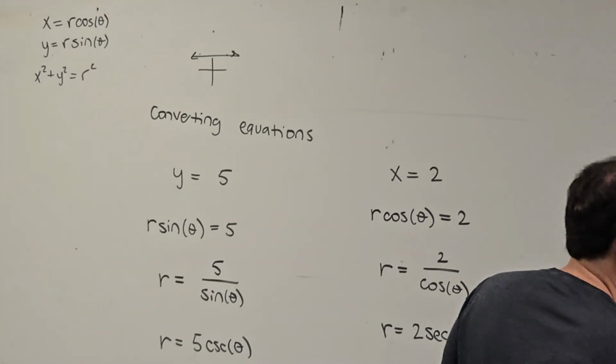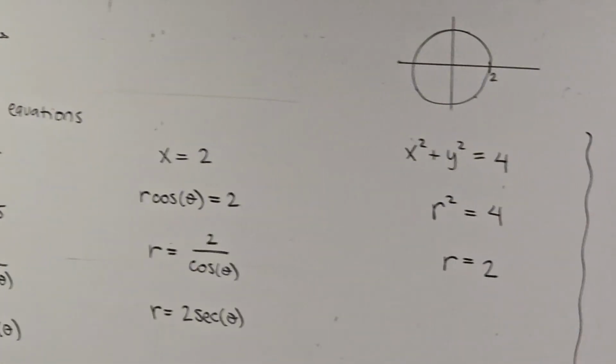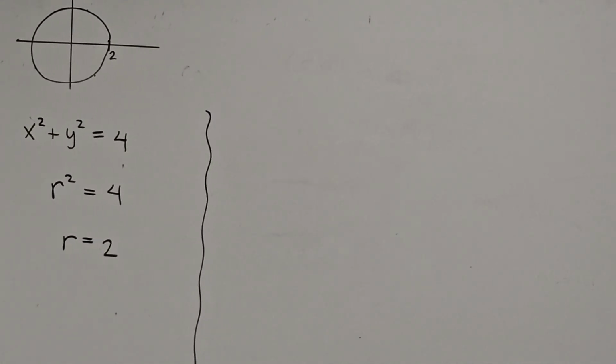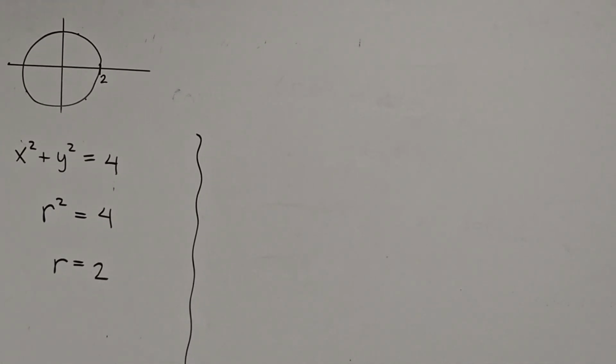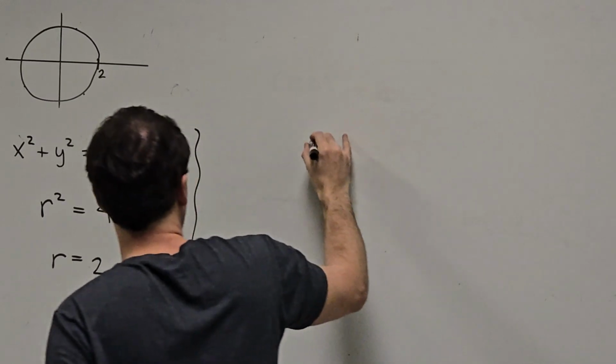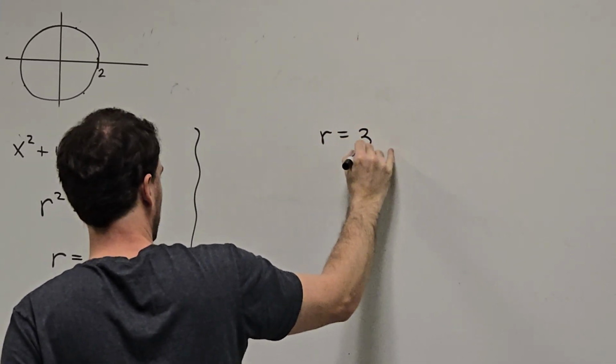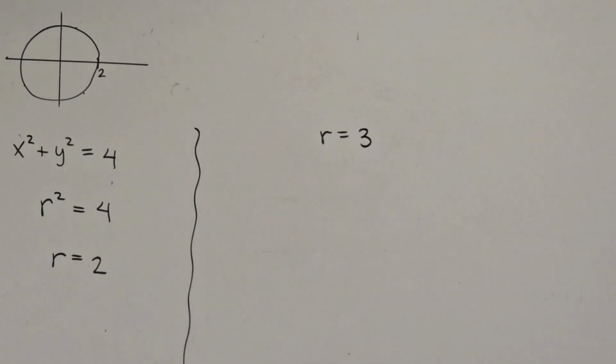All right, let's go the other way. What if I give you a polar equation now? Polar to rectangular. It's r equals 3.